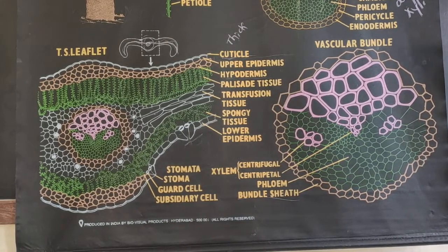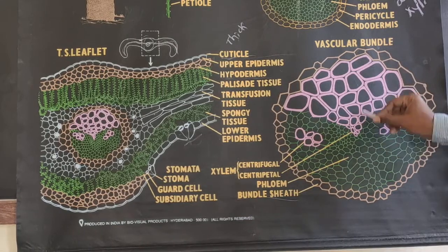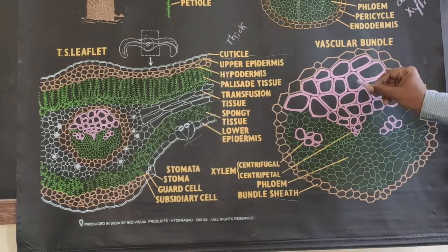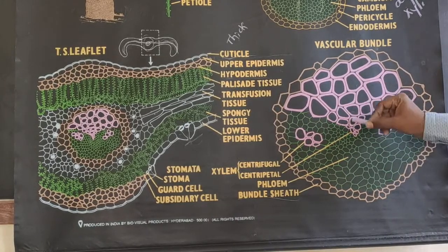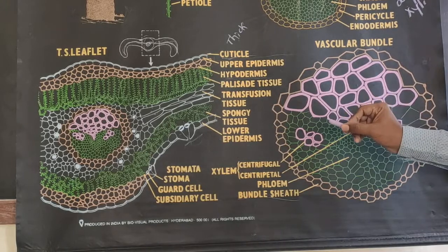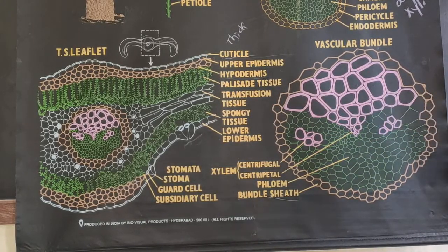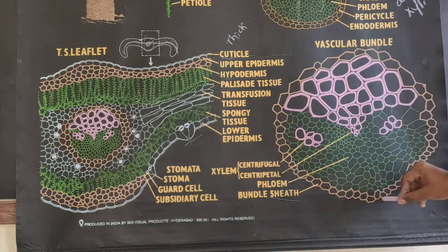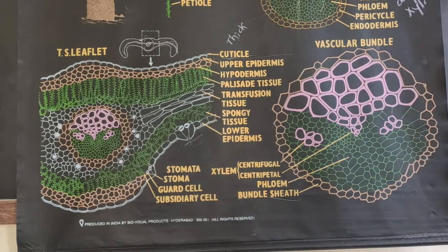If cambium is absent, the bundles are closed, but they are conjoined and collateral because xylem and phloem are present on the same radius, side by side. So this is about the structure of the single vascular bundle present at the center of the leaflet.